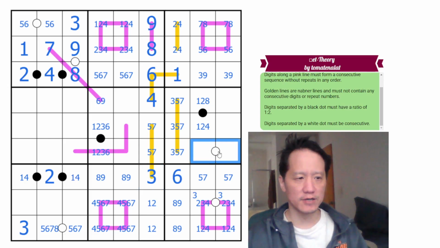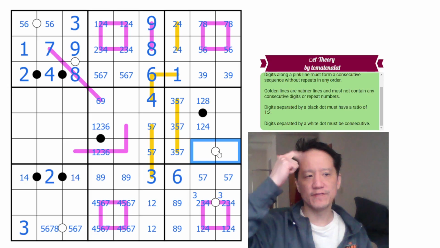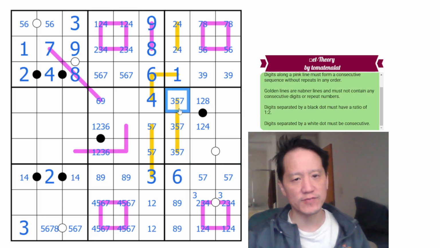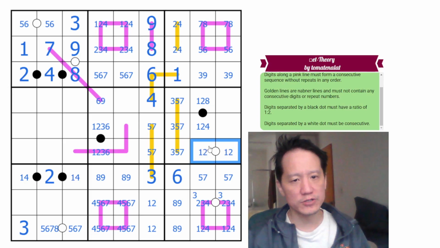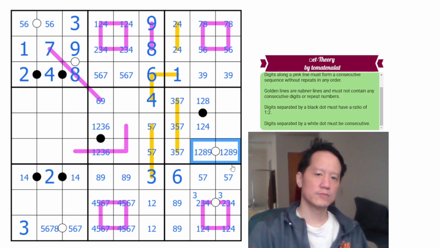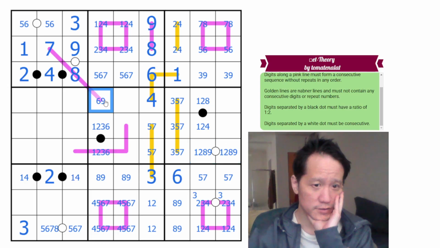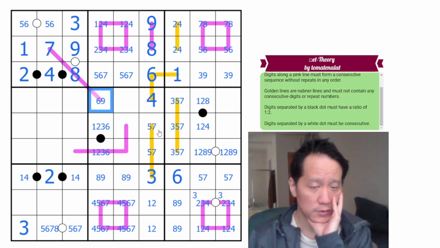These are consecutive, but you cannot have a 3, a 5, or 7 there because of the 3, 5, 7 triplet in the box. So it's either 1, 2, or 8, 9. Oh, that's interesting. This is 6 or 9 here.